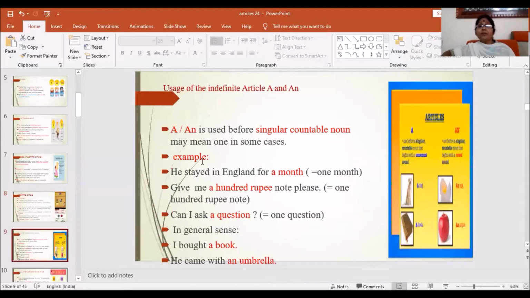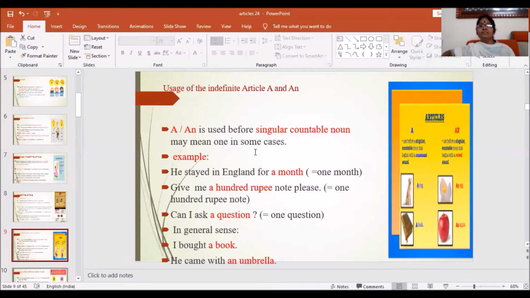Next, a and an, where should we use them? We know the general rule. The general rule is that it should be used before nouns that are singular, that are countable. And if it is a vowel sound, we will use an. If it is a consonant sound, we will use a. Now, generally, a and an is used before singular countable nouns, right?